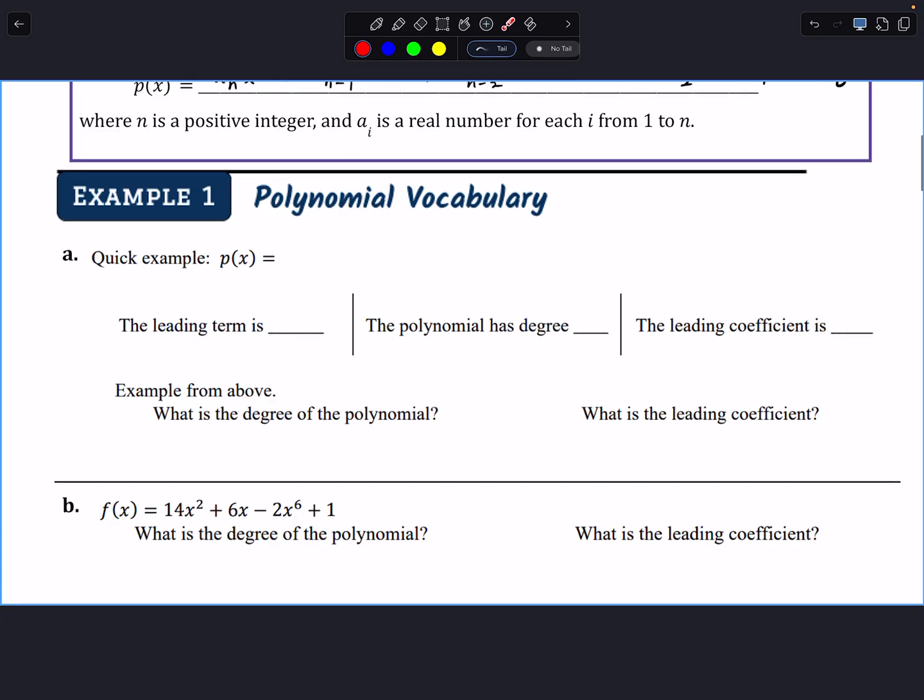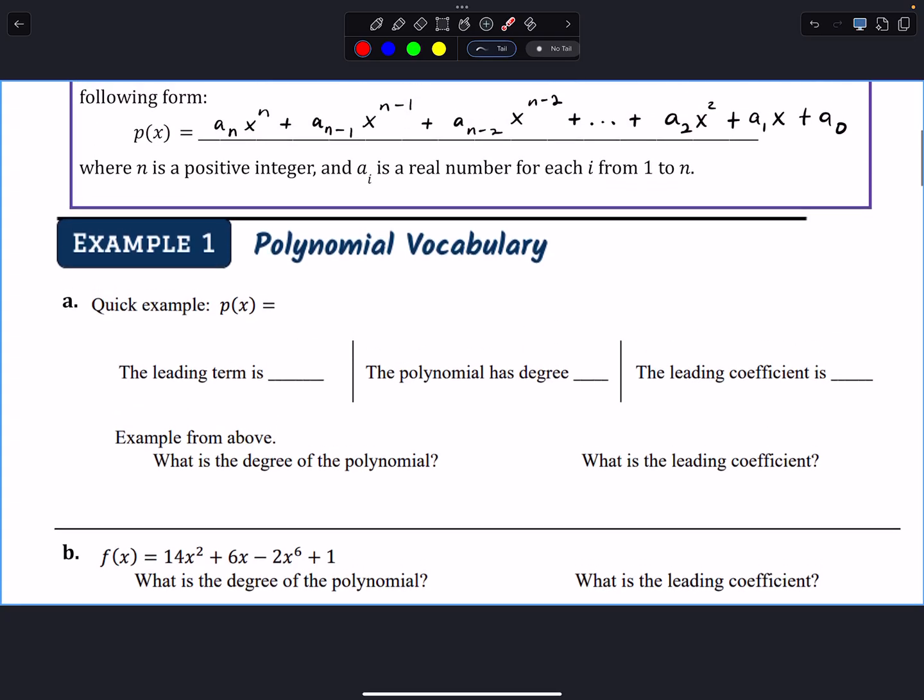So if we look at this example, if you guys could write this down: 7x to the 5th minus 3x squared plus 6x minus 2. My question to you guys is, is this in standard form? It is, because notice that the degrees go from largest to smallest, right?